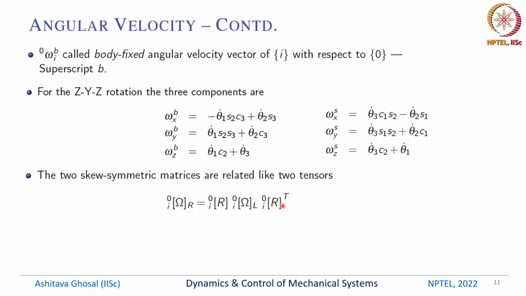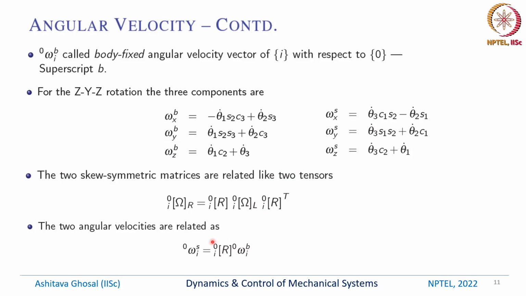This is similar to many other tensors which you might have seen in undergraduate, for example the stress tensor or the inertia matrix. They transform according to these rules, and the angular velocity matrices also transform according to this rule of tensors.